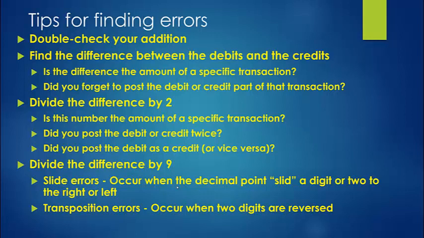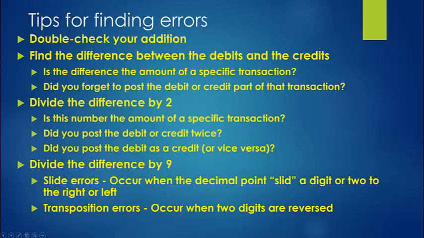So you've dropped or added a 0 to your number, and those are really hard to find sometimes. Or you've made a transposition error. If you wrote 54 instead of 45, the difference would be divisible by 9. So be looking for those types of errors if the difference between the debits and credits is divisible by 9.